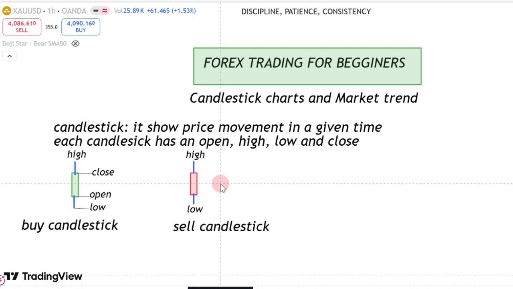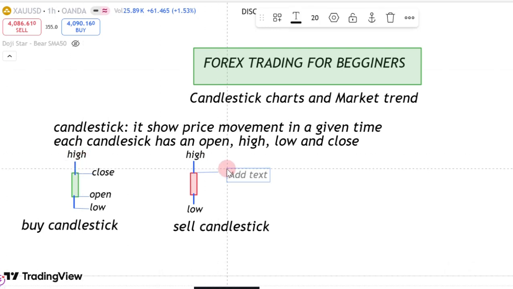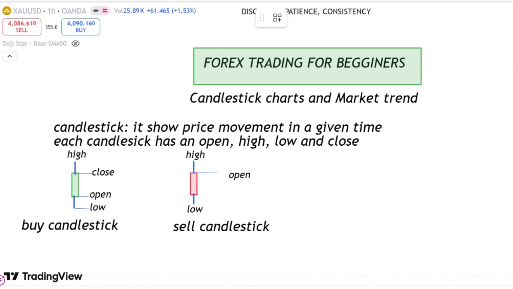When something is coming down, it starts at a certain point before it ends. So the sell candlestick opens at this zone. This is the open, and it closes here.